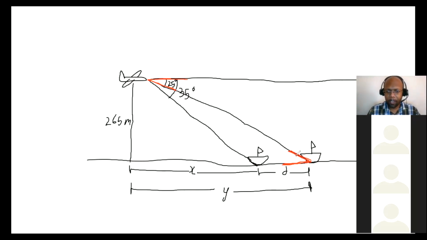Guys, what is this angle here? Can anybody tell me what this angle will be? The 35, sir. It's alternate.